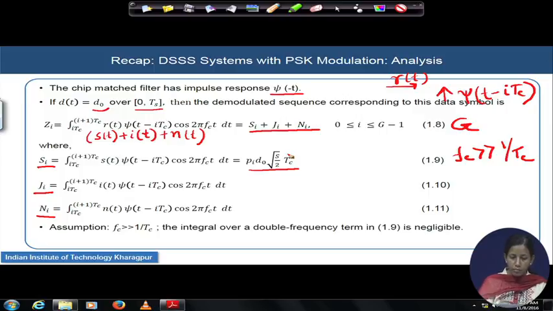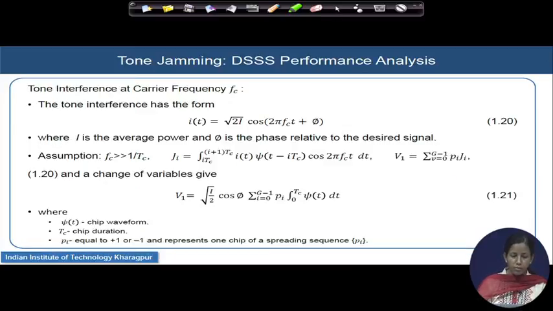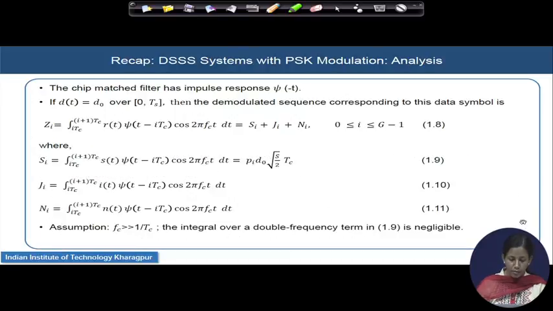With this understanding, in the next slide we will see what happens if the tone interference IT exactly coincides with the transmission frequency of our interest, which is equal to fc. So, we get this Ji from the contribution of IT, and we are trying to see how to compute the power of this section if IT coincides exactly with fc.